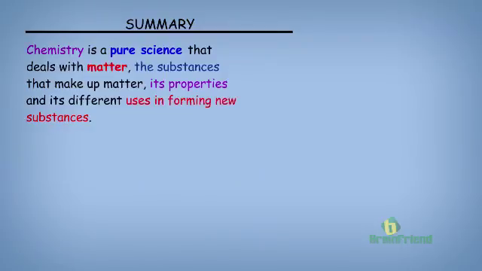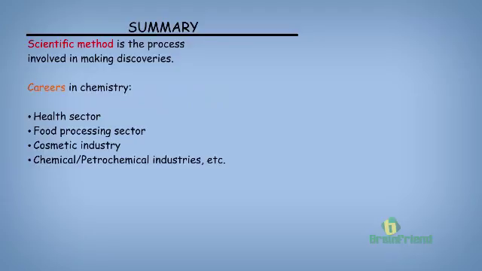We have come to the end of our class. Let us take a quick summary to know how far we can remember. We said that chemistry is a pure science that deals with matter, the substances that make up matter, its properties, and its different uses in forming new substances. We also said that scientific method is the process involved in making discoveries. And then we outlined several careers that are available in chemistry.